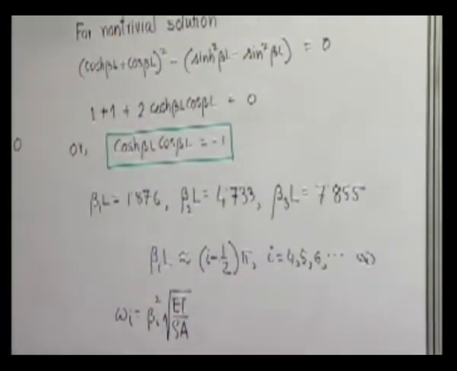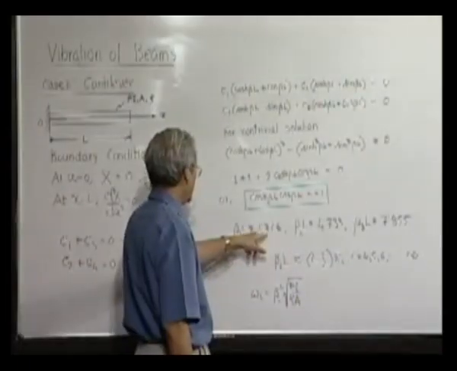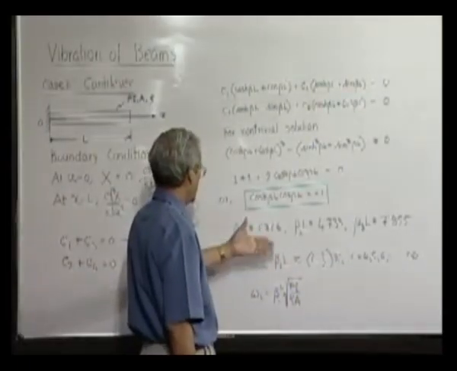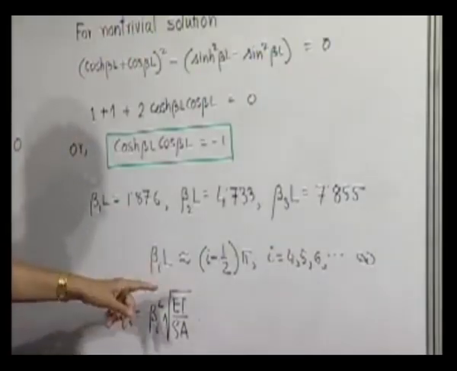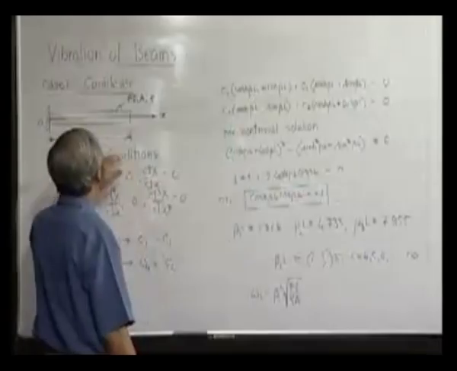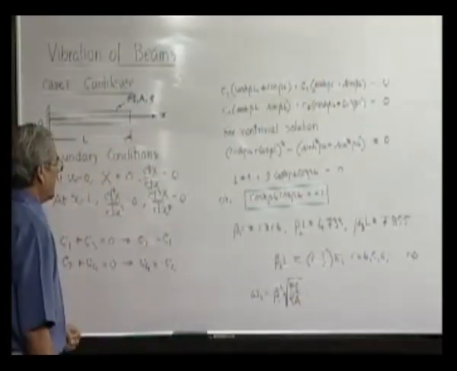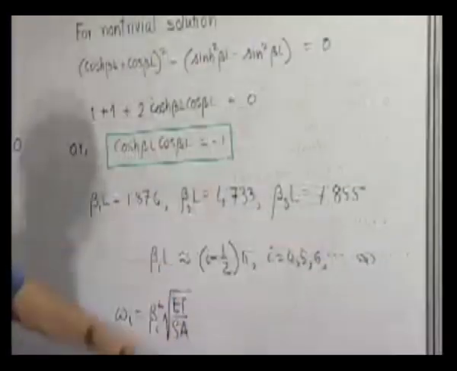So here if we find the first root, we are going to get approximately 3 point something divided by L square and this. So that is the natural frequency of a cantilever beam of length L, the second mode and so on.